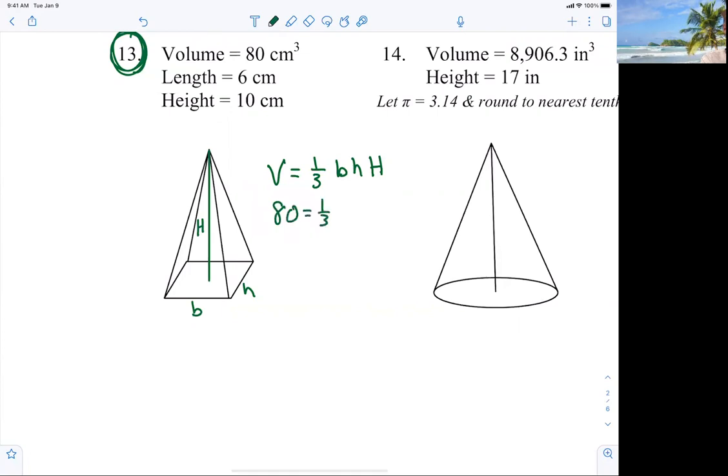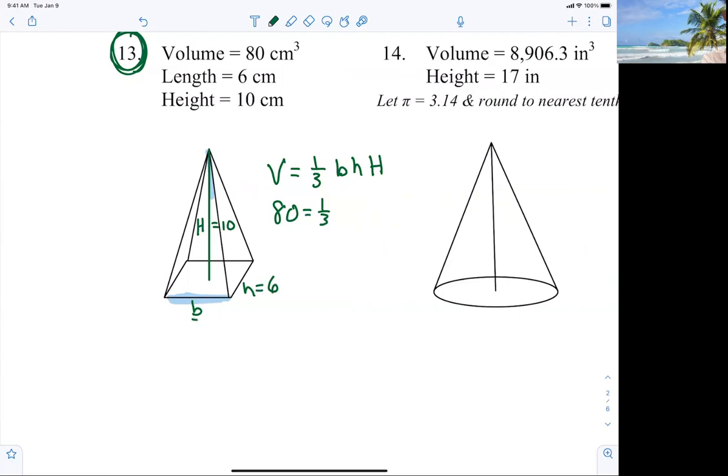Equals 1/3. Now, we're missing one of these lengths here. Is everybody with me? We have the height, which is how much? 10. And we know one of the lengths is 6.